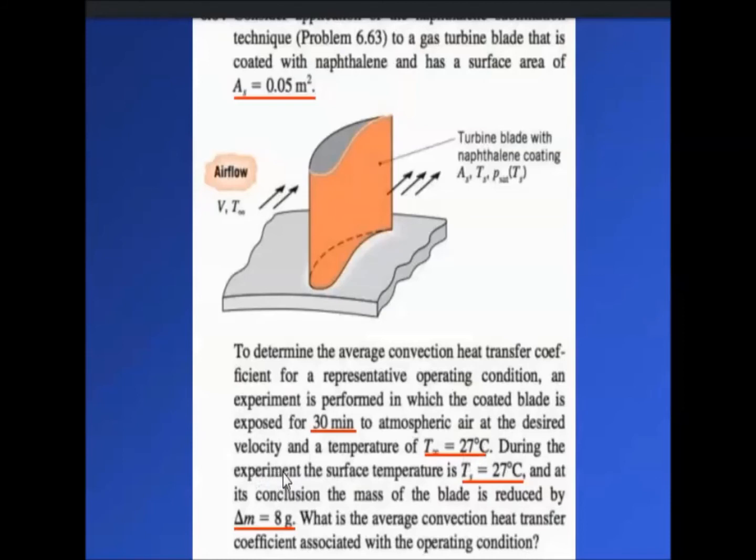During the experiment, the surface temperature T sub s equals 27 degrees Celsius. And at its conclusion, the mass of the blade is reduced by a change in mass, delta M, equal to 8 grams. They want us to find the average convection heat transfer coefficient associated with the operating condition. So based on the information here and what we've seen from our definition of this technique back in problem 6.63, we have enough information to start the problem.